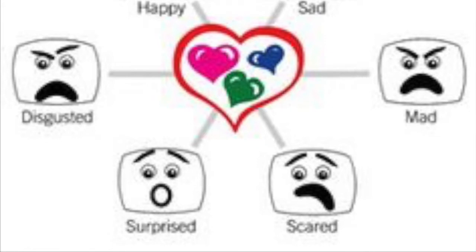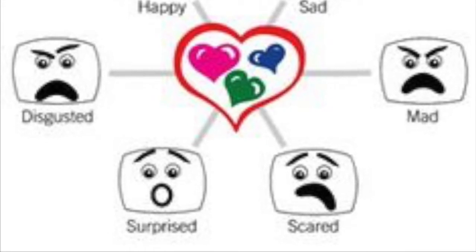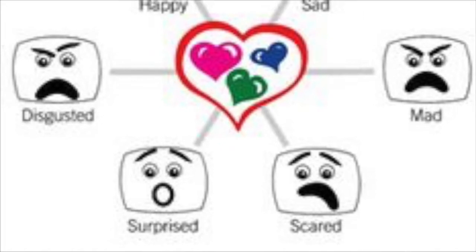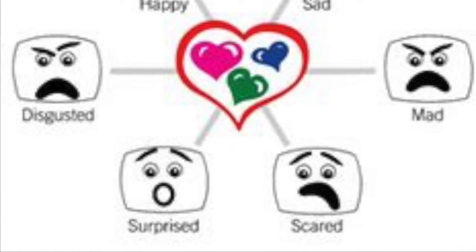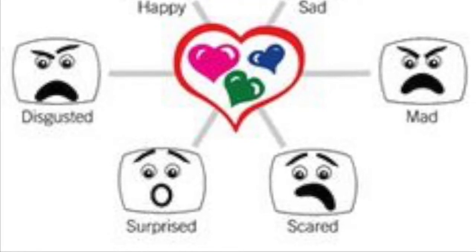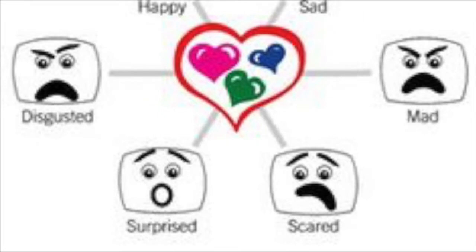Next, I would show my student the heart. Ask, how do you think the character felt about what happened? If the student needed a prompt, I would say, do you think he felt sad, mad, angry, scared?